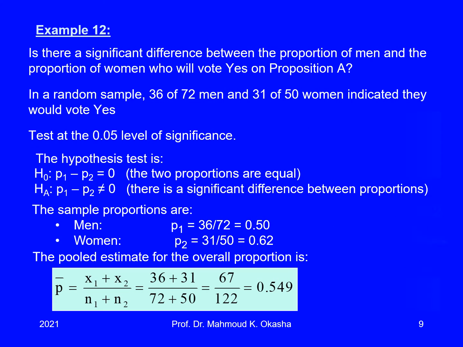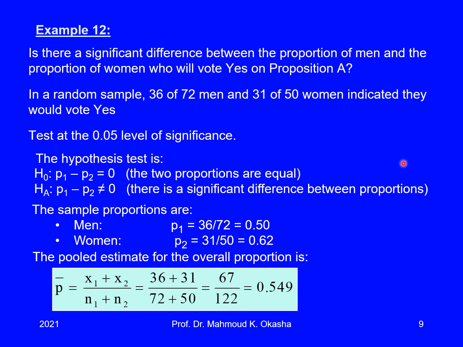So we can use Excel, or we can calculate by hand even without using Microsoft Excel. Now, we have an example to illustrate the whole procedure, which we calculate by hand. Example 12: is there a significant difference between the proportion of men and the proportion of women who will vote yes on a proposition A?